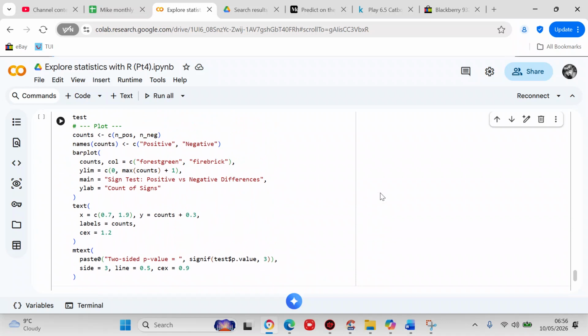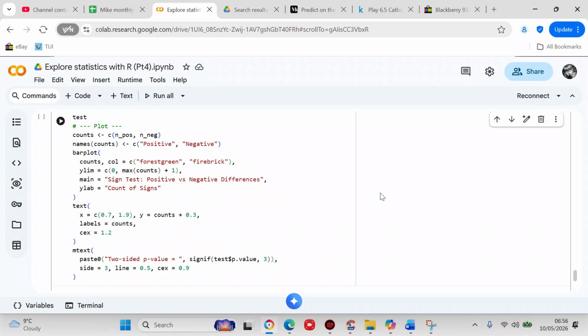So counts, comma, col equals a vector of forestgreen and firebrick. ylim, which is your limit on your y-axis, is another vector from 0 to the max of counts plus 1. Your main, which is your title, is Sign Test: Positive vs Negative Differences. And your ylab, which is your label on your y-axis, is Count of Signs.